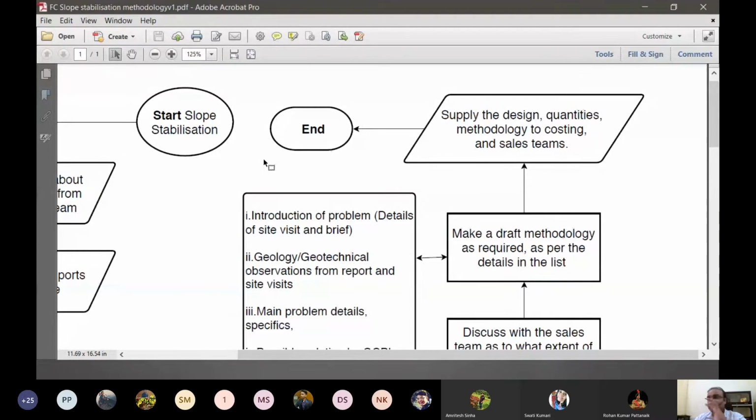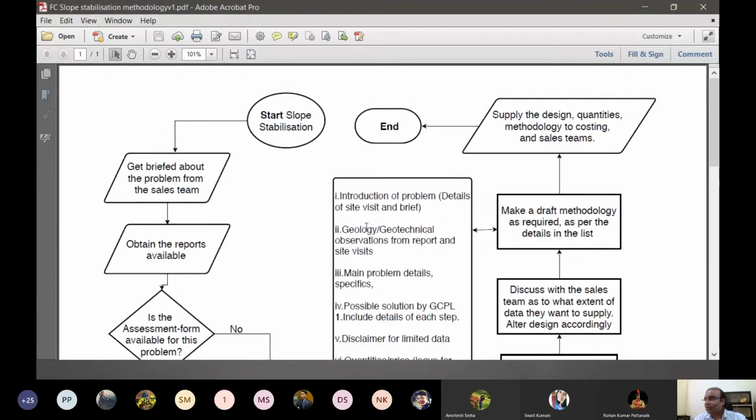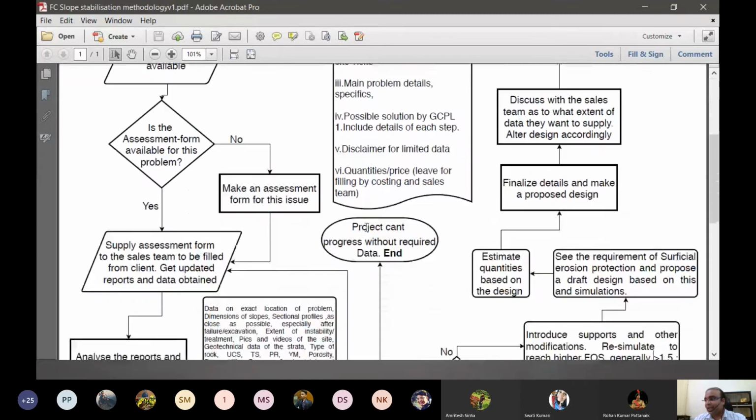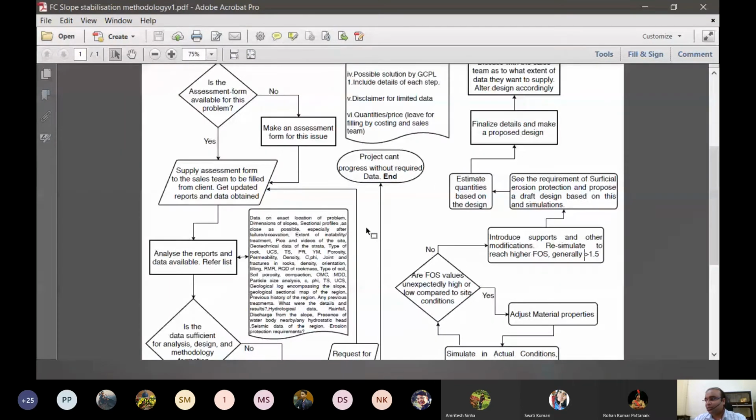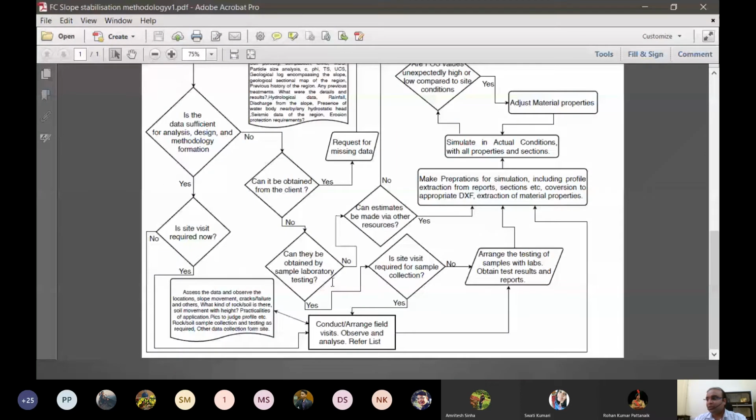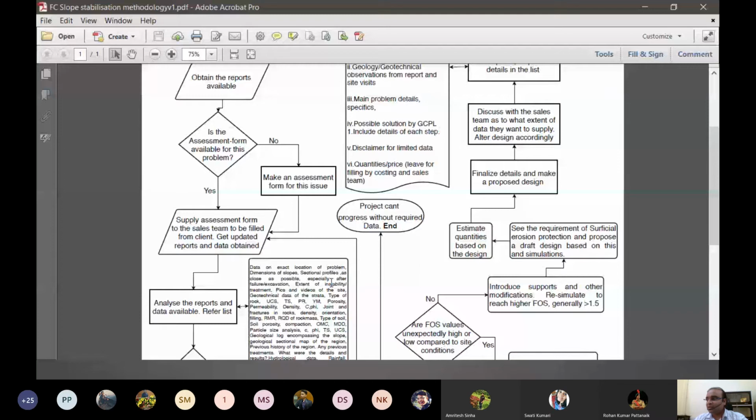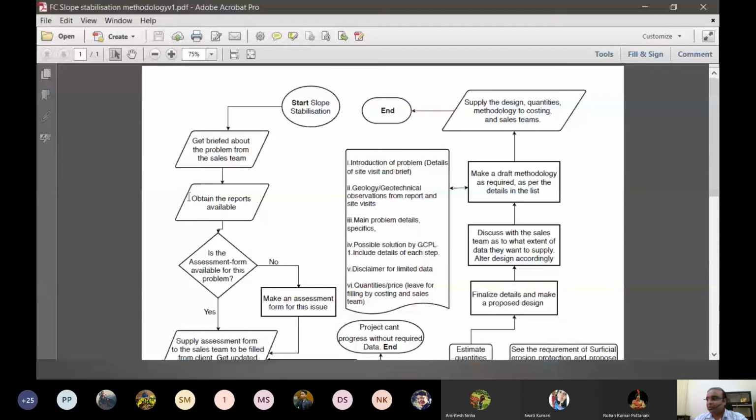So you saw such a big flow chart. This is a kind of flowchart we can make once we have some complex set of process that we have to follow. So I had gone through it one by one.